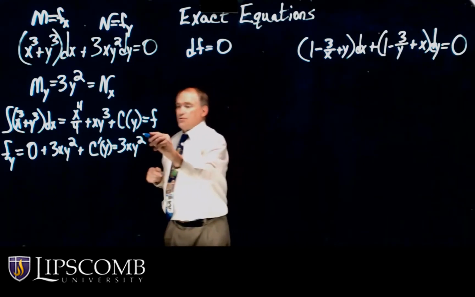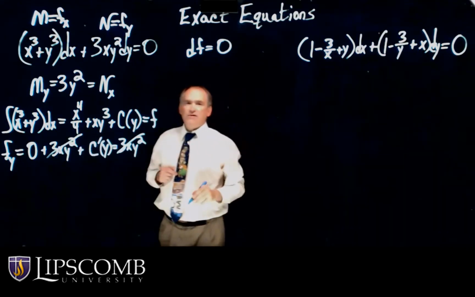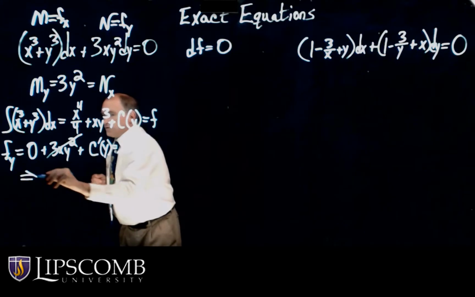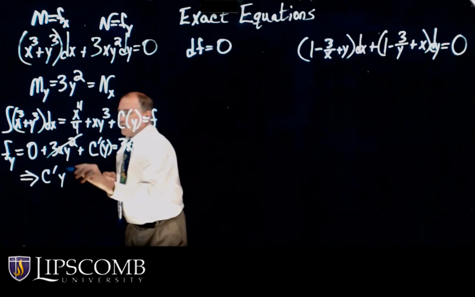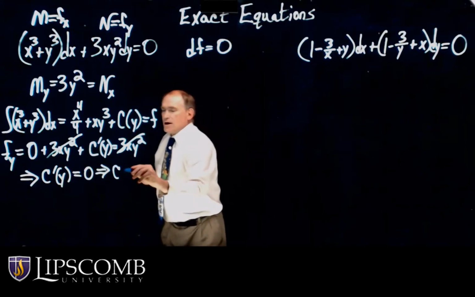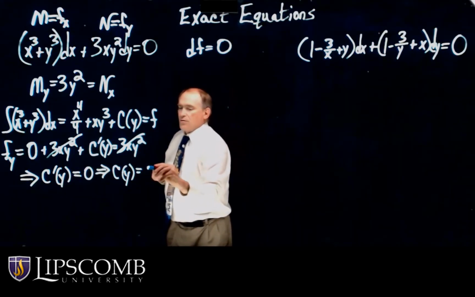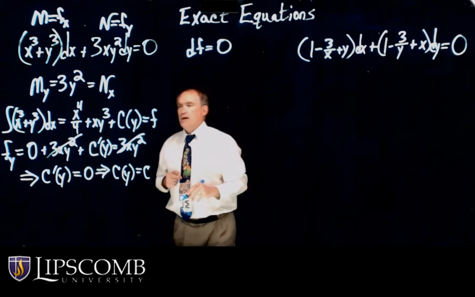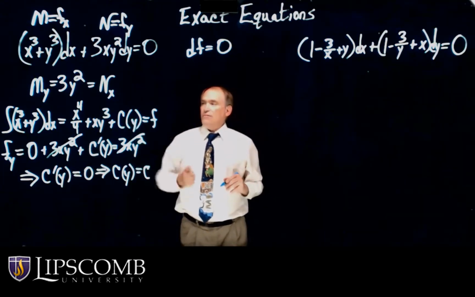So we notice the 3xy squareds cancel out. So therefore, c prime of y equals 0. So c of y, integrate both sides, equals c. So I have what c of y is.